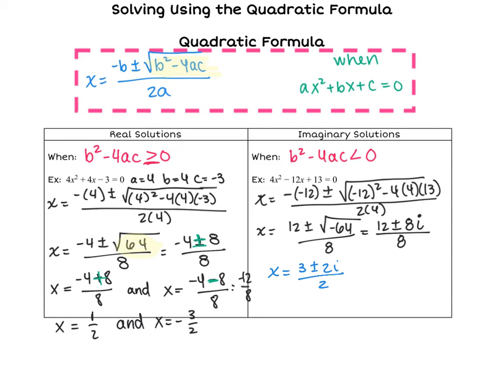Another way I could have written this is to divide 12 by 8, so that would be 3 halves, plus or minus 8 divided by 8, which is 1i. So I can either keep it as one big fraction or separate each term on the top and divide it by the bottom. Both are correct ways of simplifying. The important part is that you simplify whatever we had above.